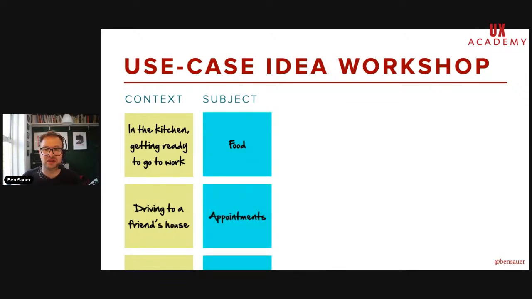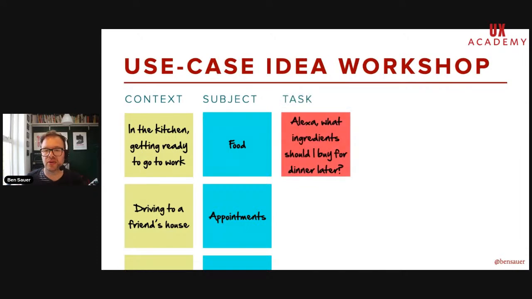So let's take food or appointments or socializing, anything like that. And then we can start to brainstorm things that a voice interface might be able to help with in these situations. So we start to brainstorm tasks. Alexa, what should I buy later for dinner? So we've combined in the kitchen getting ready to work with ideas about food for later.